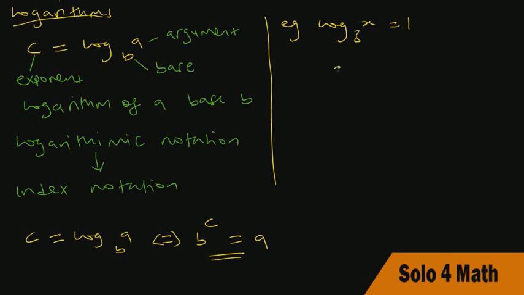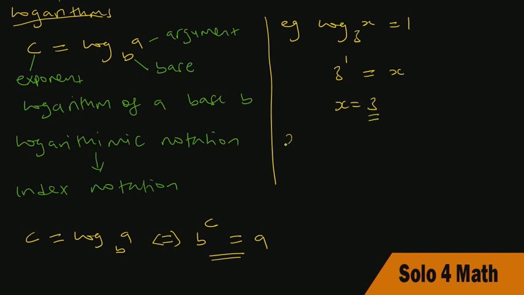The base remains the same, the 1 comes and powers the 3, and we end up with the argument coming down. So our x is actually a 3.